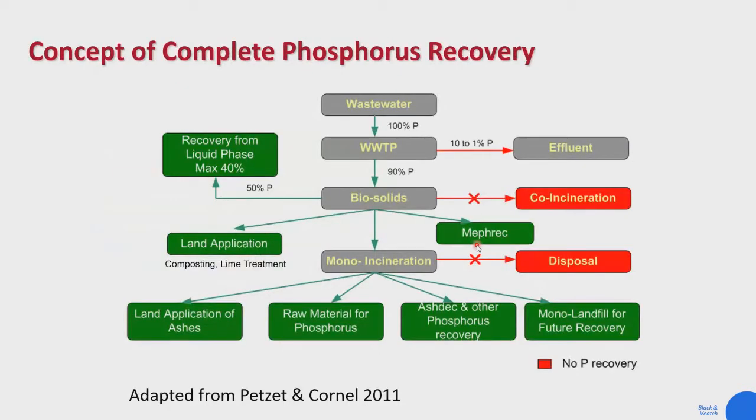So if that's a driver, we should be thinking of ways to recover that phosphorus. This is a figure from James that he adapted from this presentation. We've got wastewater coming in, we go to our wastewater treatment plant, and we discharge effluent. About 90% of the phosphorus that comes in ends up in our biosolids. If we're doing biological phosphorus removal, we can now try to extract that phosphorus from the biosolids in a lot of different ways.